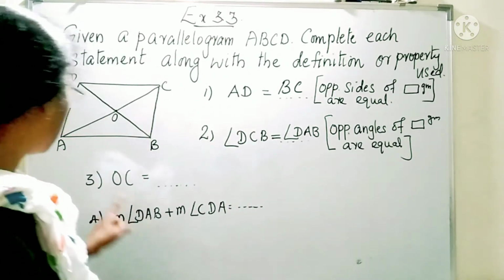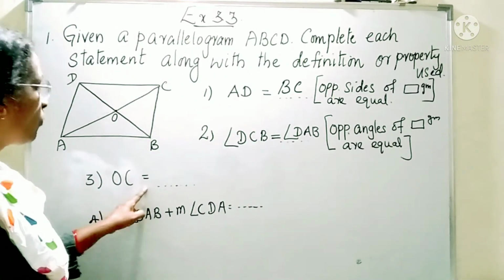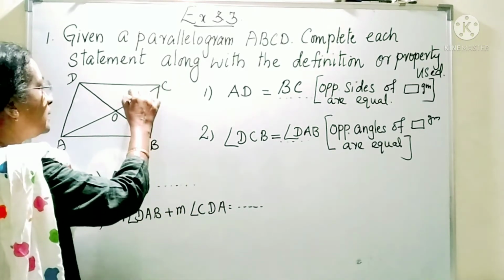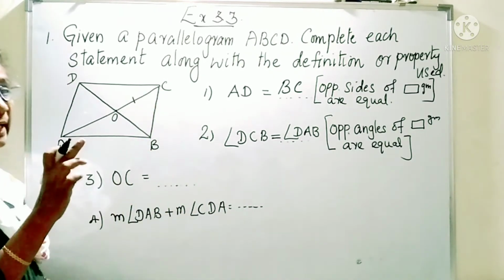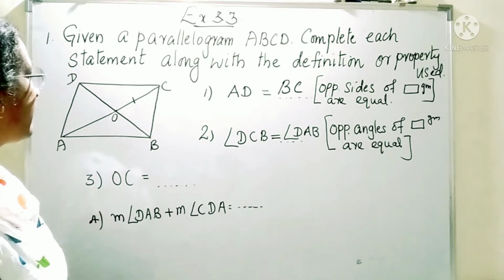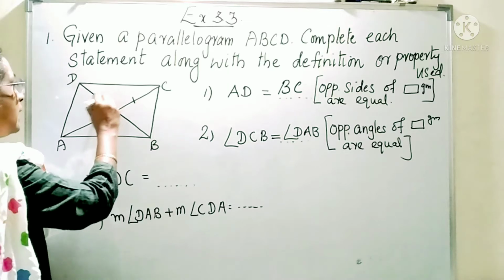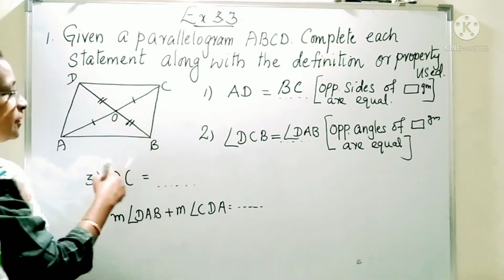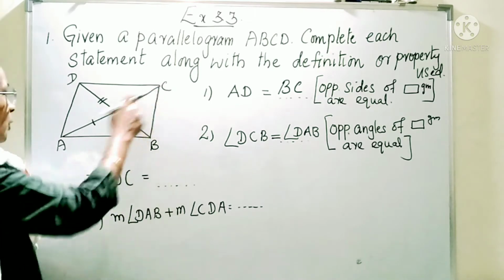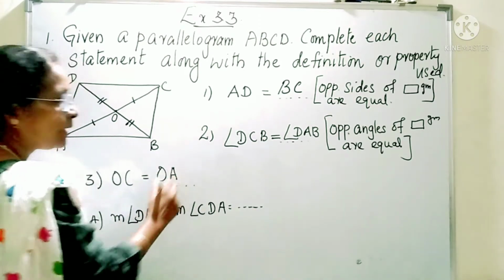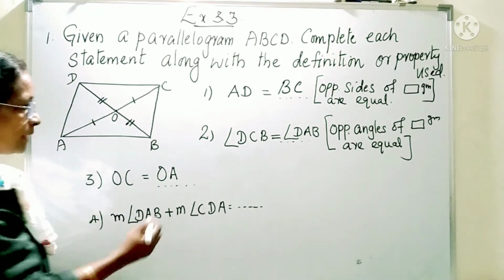The next question is OC equals to blank. What is OC? We have learned that the diagonals of a parallelogram bisect. So here these two will be equal and these two will be equal. So OC will be equal to OA. And how will you write the reason?